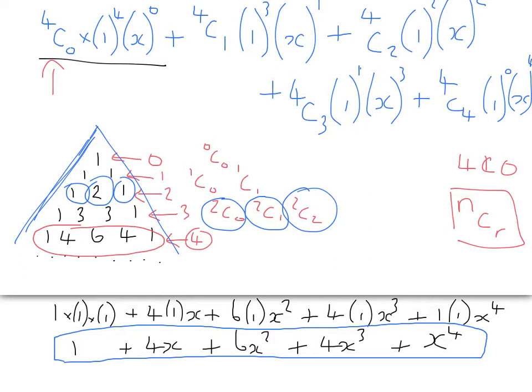But we're going to see more examples of how these coefficients at the front may end up changing because we don't have a 1 in the bracket. So we might not have anything that looks like 1 plus x to the power n. This 1 here could be a different value. And if that's a different value, you can see how the binomial coefficients are going to change.